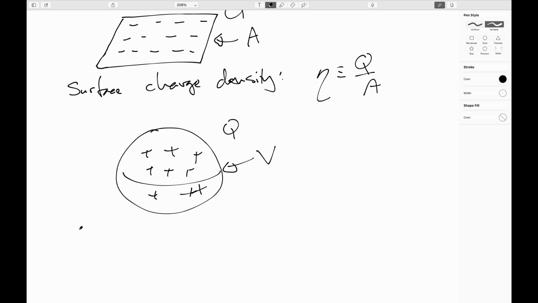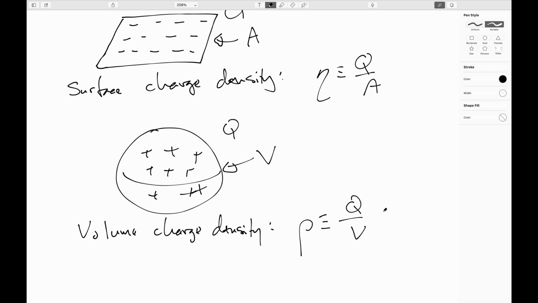And we would say that this is a volume charge density, and pretty much everybody uses rho for that one. And that will be the charge over the volume. So again, that is a lowercase Greek letter rho. You either draw one like that, or some people will do that. Whatever you do, resist the urge to turn it into a tadpole.